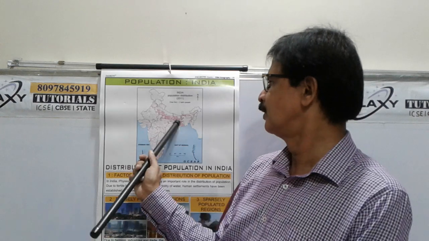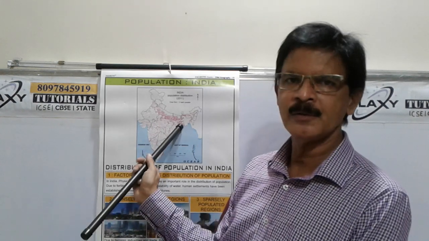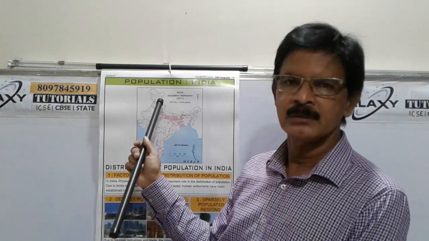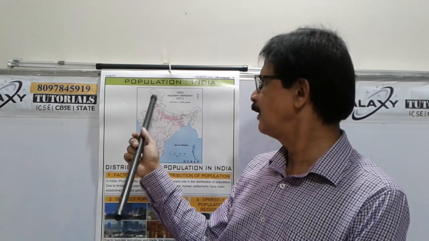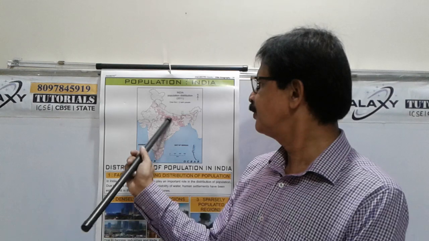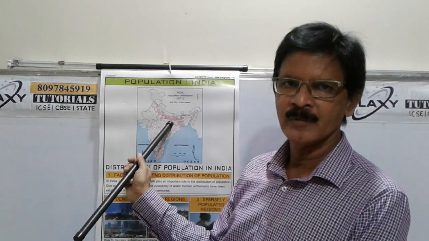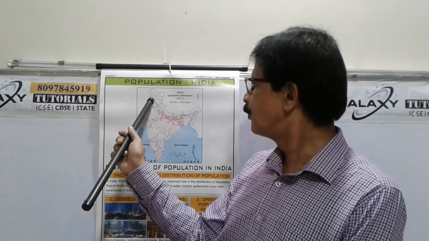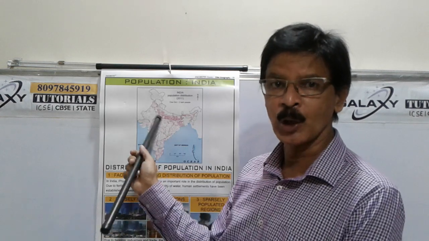So in those areas where it is not desirable or is very difficult to stay, the population is less. Whereas over here, these are the northern plains, with the river Ganga flowing, the Indus Valley, and the Indus River flowing from here. So this is a very fertile area. Lot of water, fertile soil.